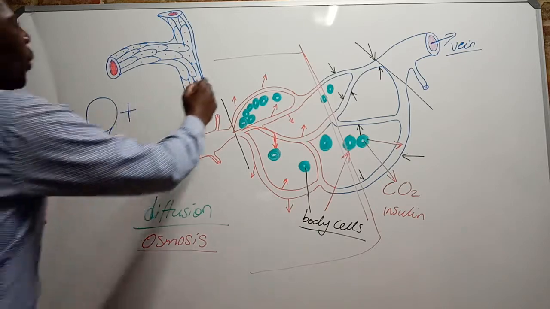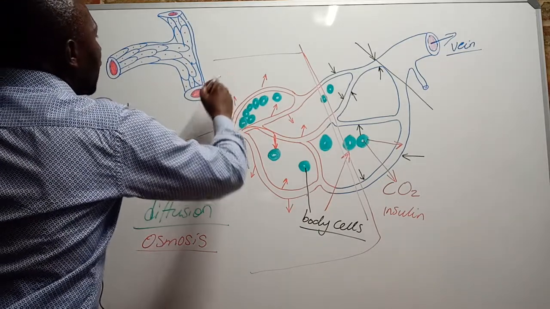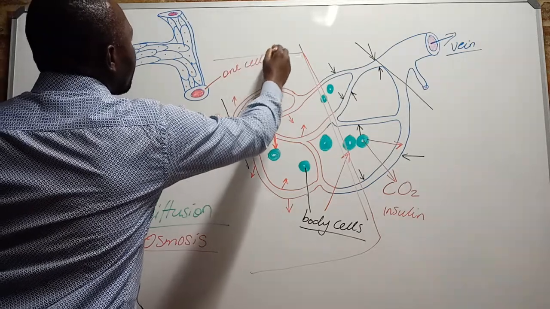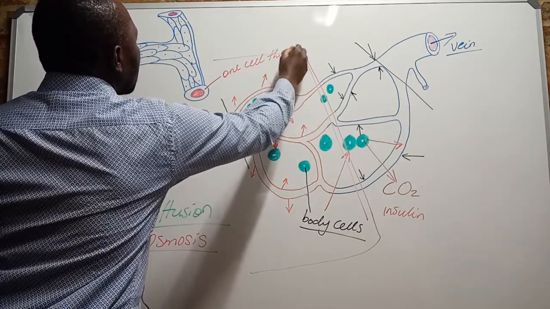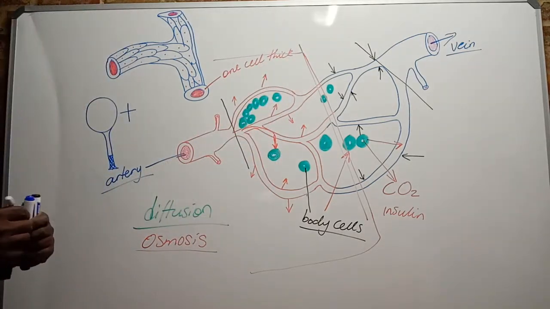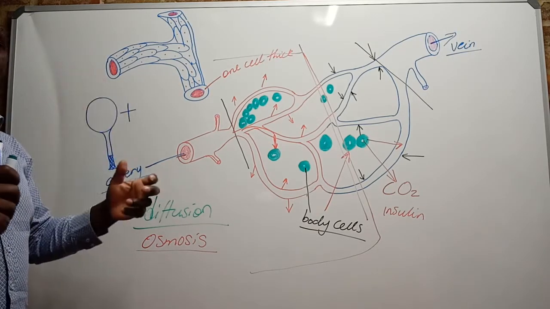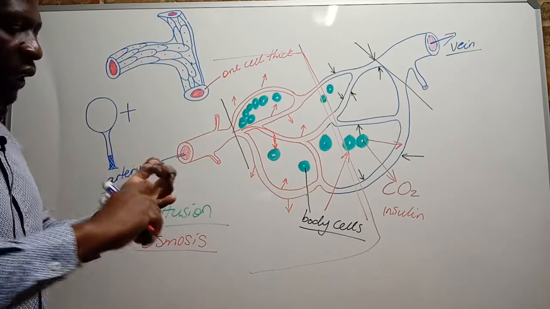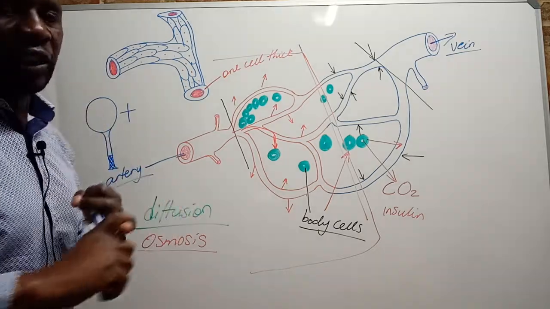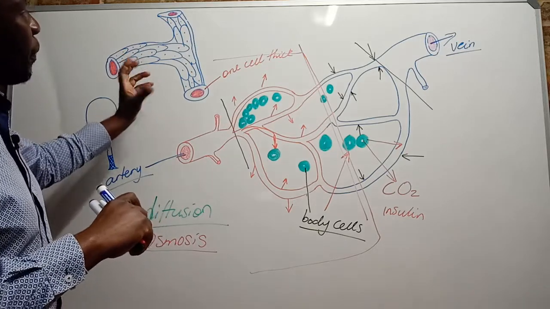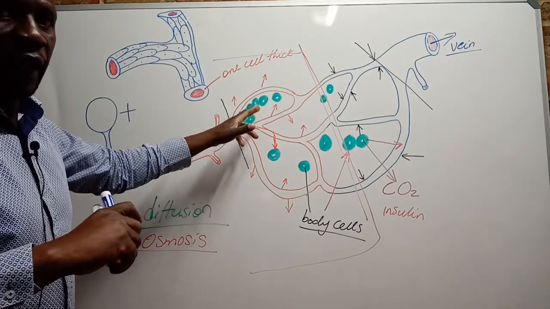The wall of the capillary tube is 1 cell thick. That's the first thing. By being 1 cell thick, this makes it very easy for oxygen and the rest of the dissolved food to be absorbed by the cells.